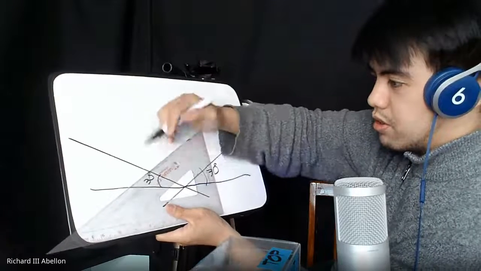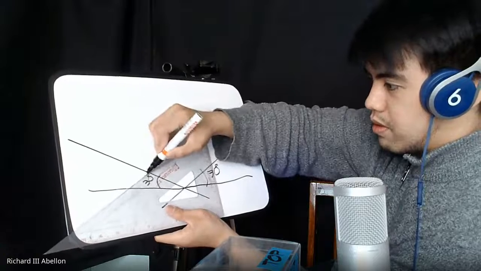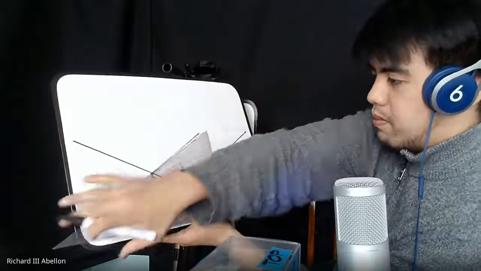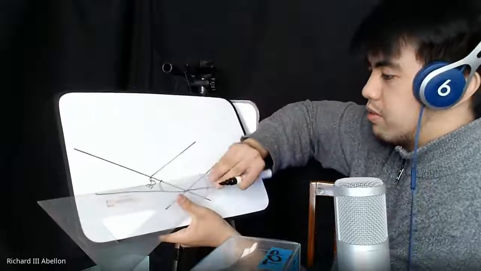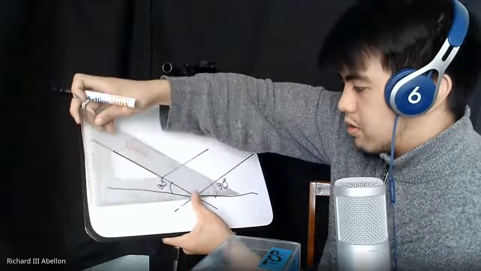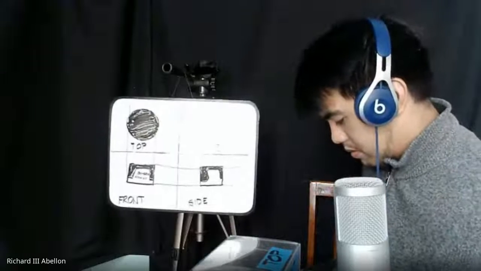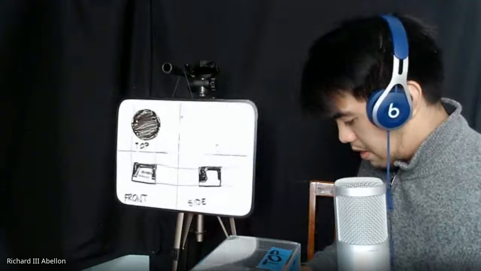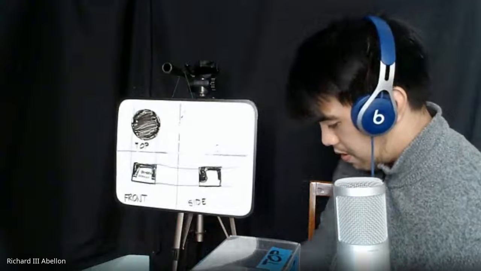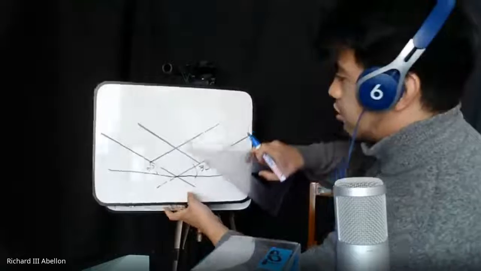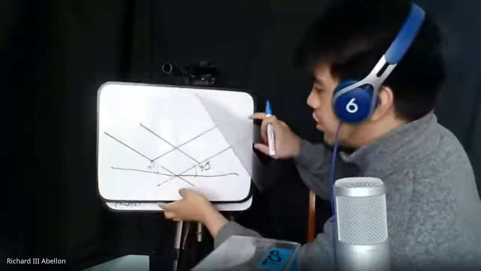Kunwari ito yung ayan, 30 degrees. Gamitin na lang natin ito. Okay. So, these blue lines here are projection lines.